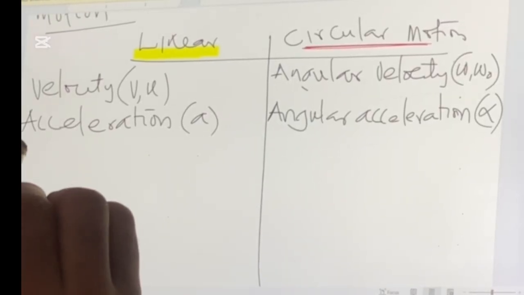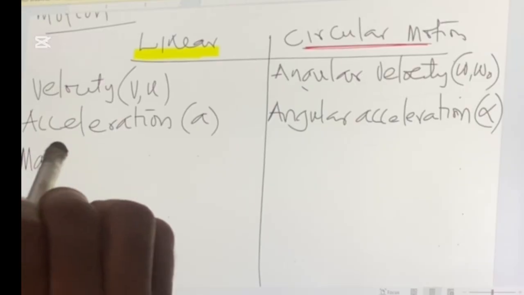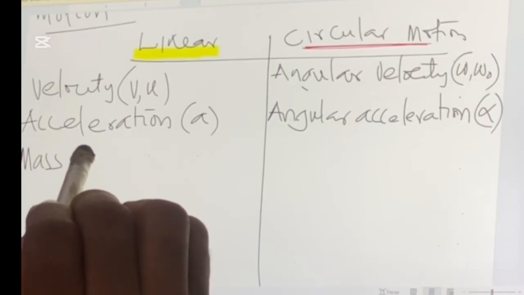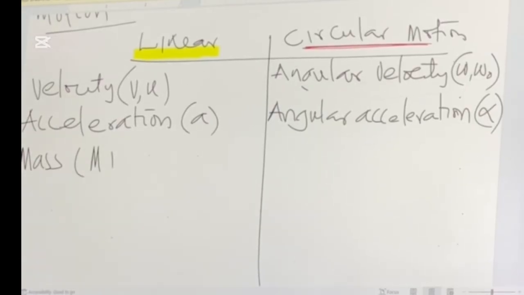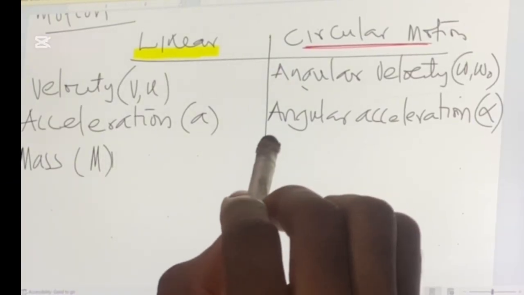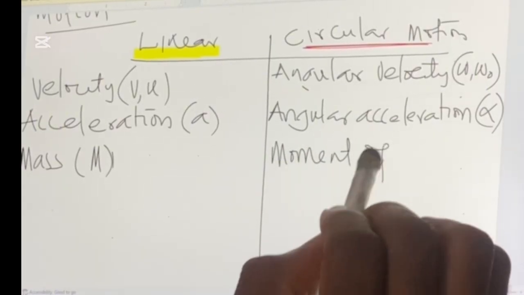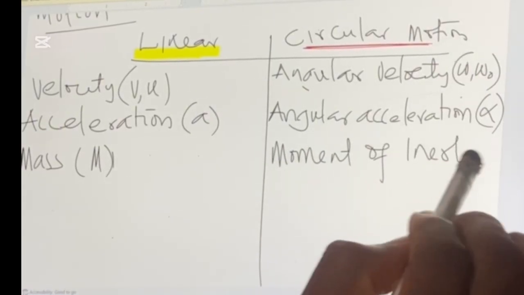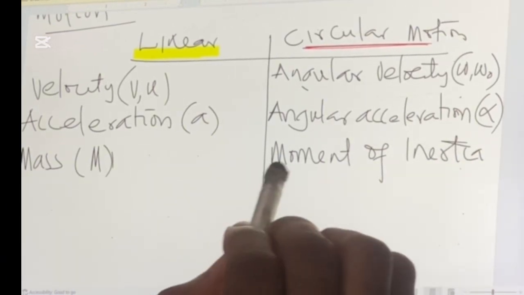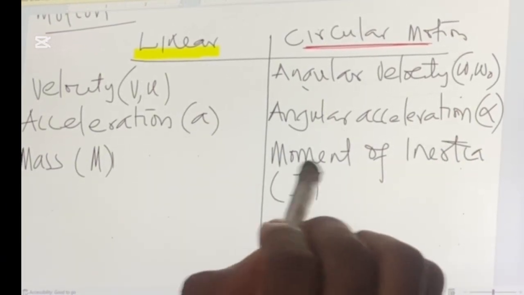The next one here is mass. We use m to represent mass, but we don't call it mass in circular motion. We call it moment of inertia, and we use I to represent this.